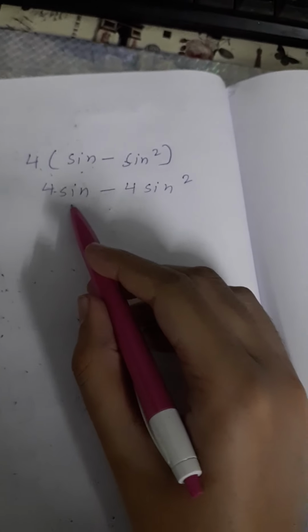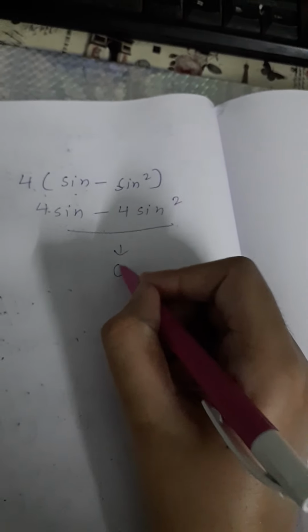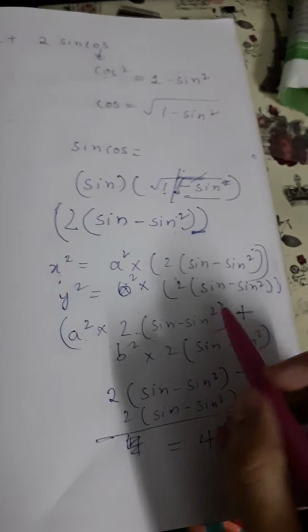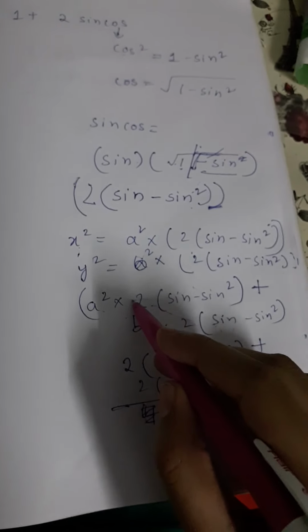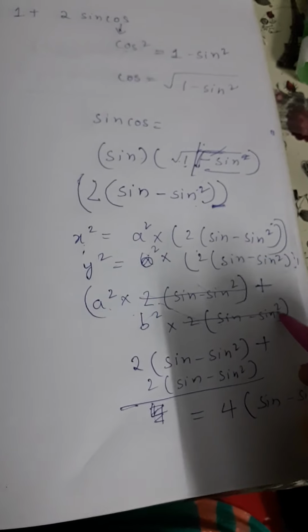So this is our formula. Now there is a law in maths that this 4 sine minus 4 sine squared is equal to 0. So here we need to know that both the sum is equal to 0. So we cross off this.